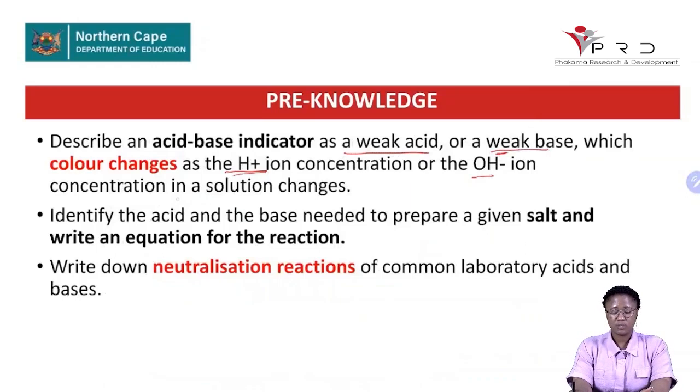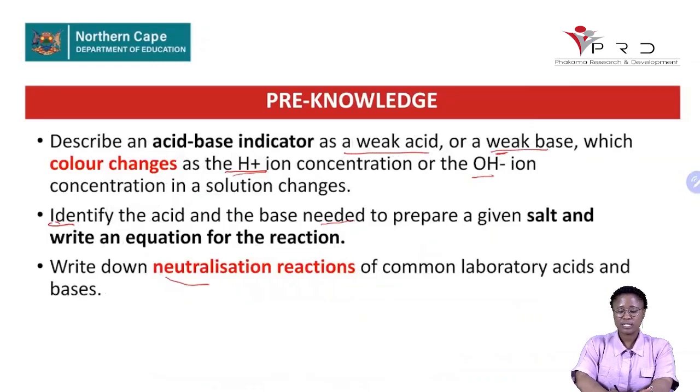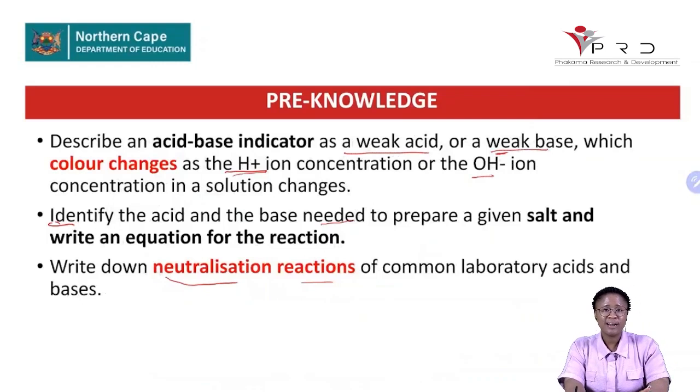Okay, then you should also by now know how to identify the acid and base that are needed to prepare a given salt, and write equations for the reaction. You should be able to write down the neutralization reaction of common laboratory acids as well as bases.